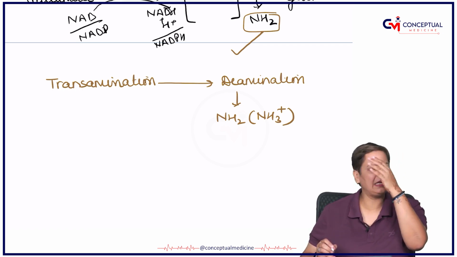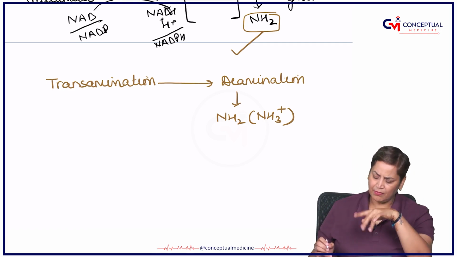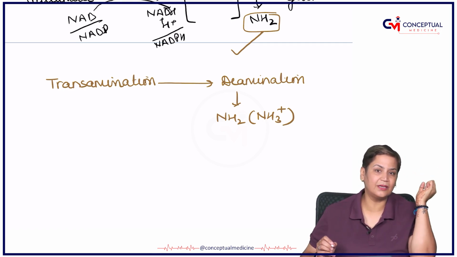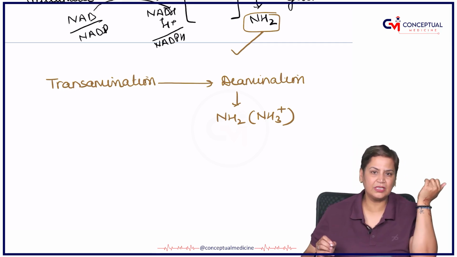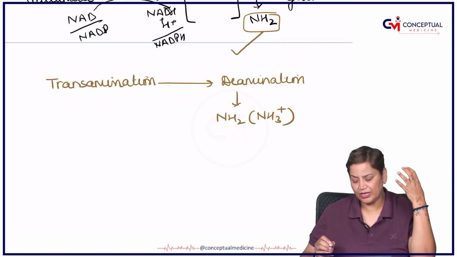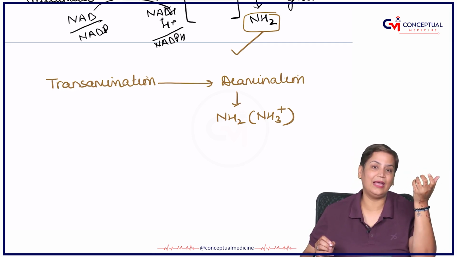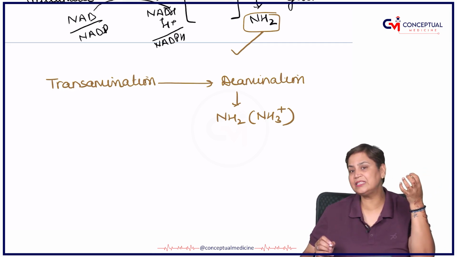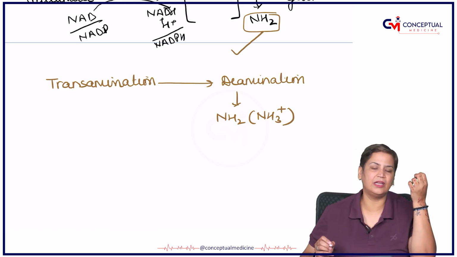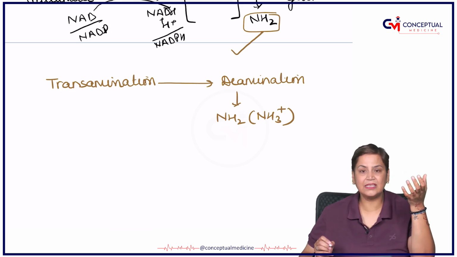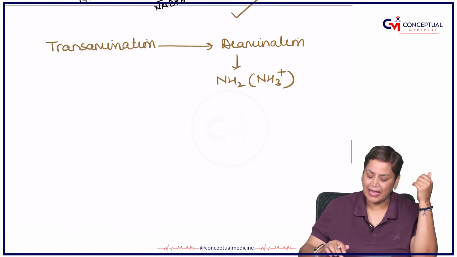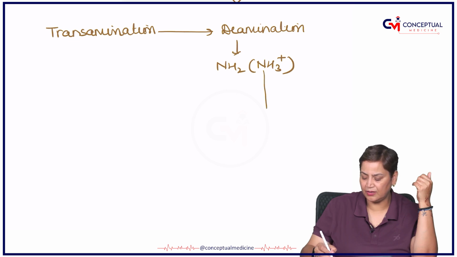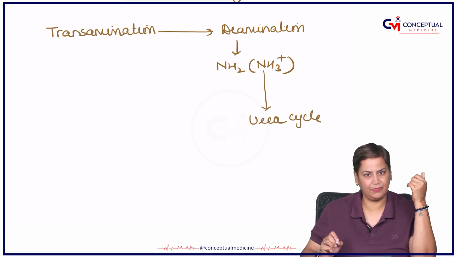This ammonia will never move in the free form. Why? Because it is going to disturb the acid-base balance. NH3 is an alkali, so it is going to result in alkalosis. So this ammonia needs to be removed from the body as early as possible. And how is it removed? It is removed by the formation of urea. So the urea cycle takes place.